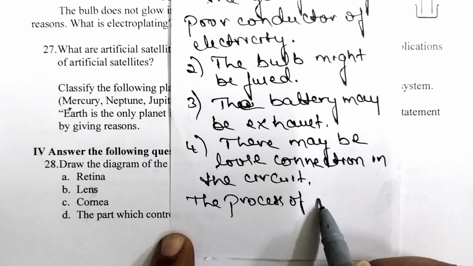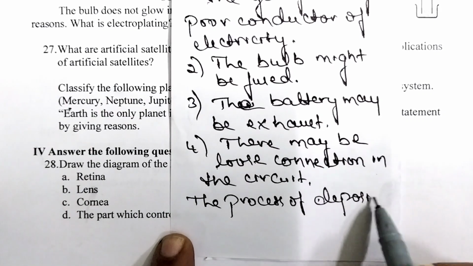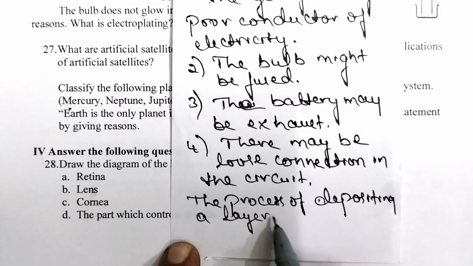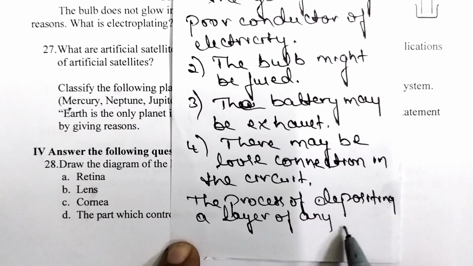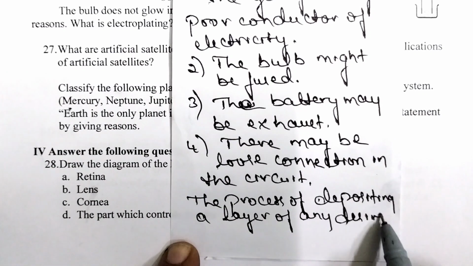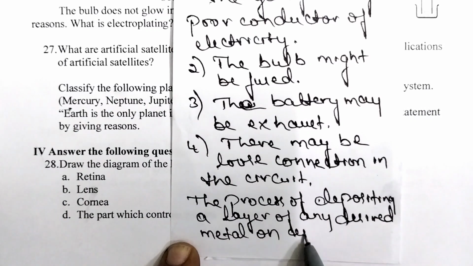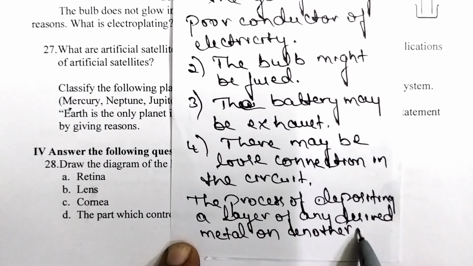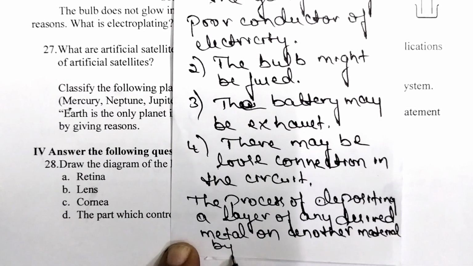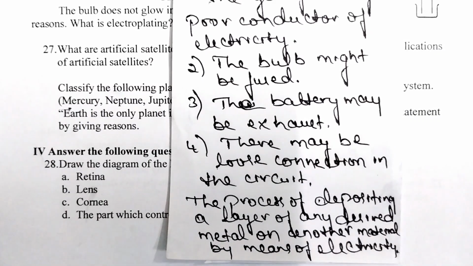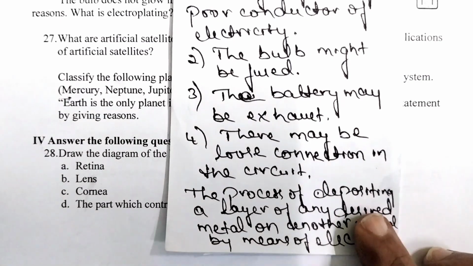The process of depositing a layer of any desired metal on another material by means of electricity is called electroplating. So like this we have to answer for 26th question.